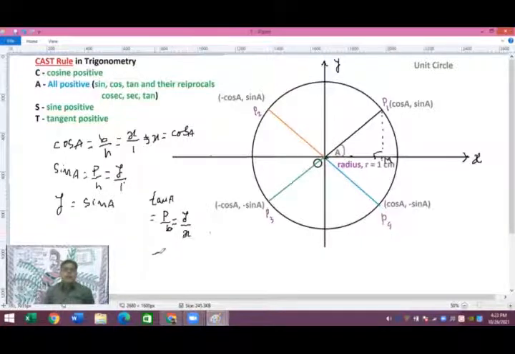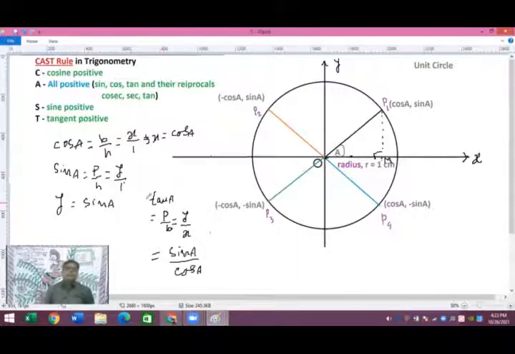The y coordinate we have just seen is sine A, so we can put sine A here, and the x coordinate is cos A, so we write cos A here. This is true: if you divide sin A by cos A, then it will be tan A.